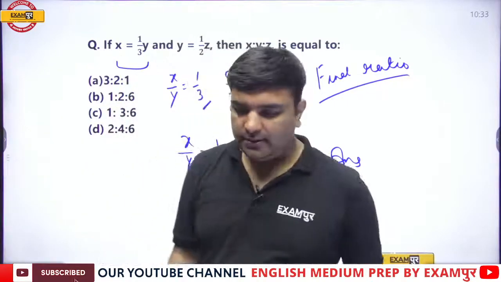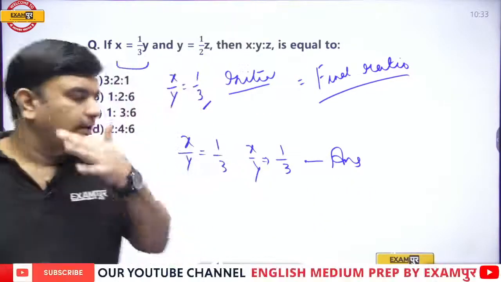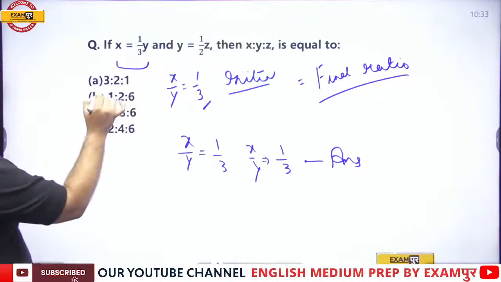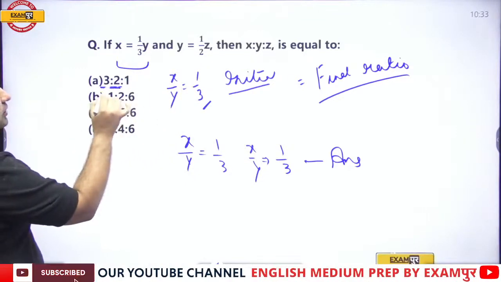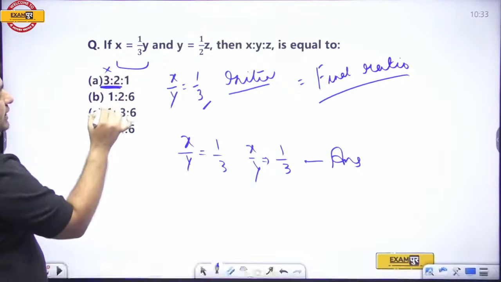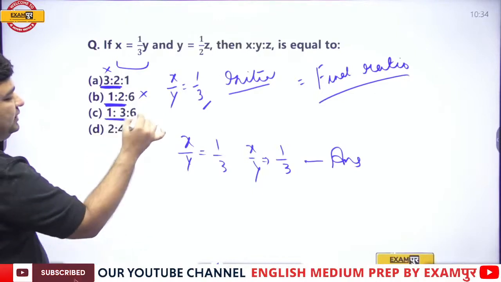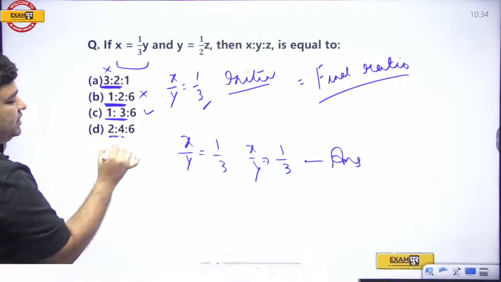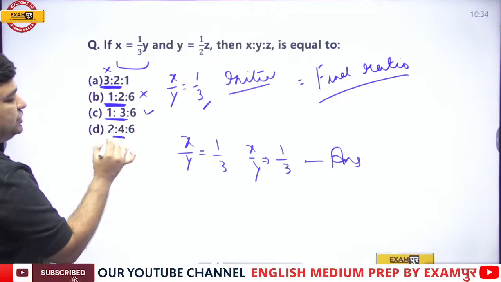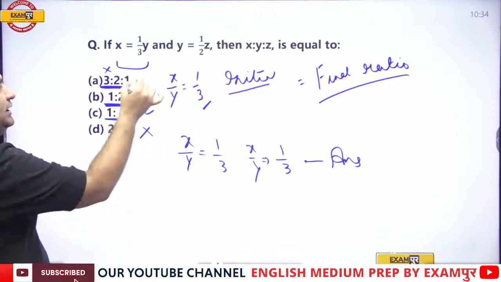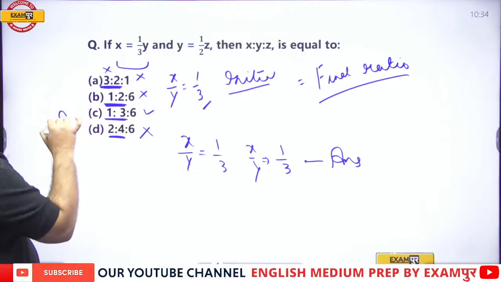So, are x and y 1:3 over here? Not at all. If they are 1:3 here, yes. If they are 1:3 here, they are 1:2. All three options cancel out. This is the answer.